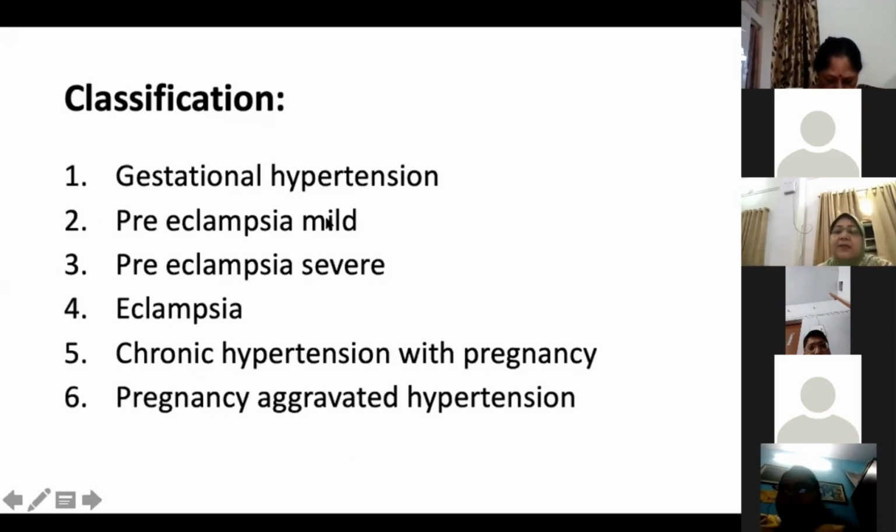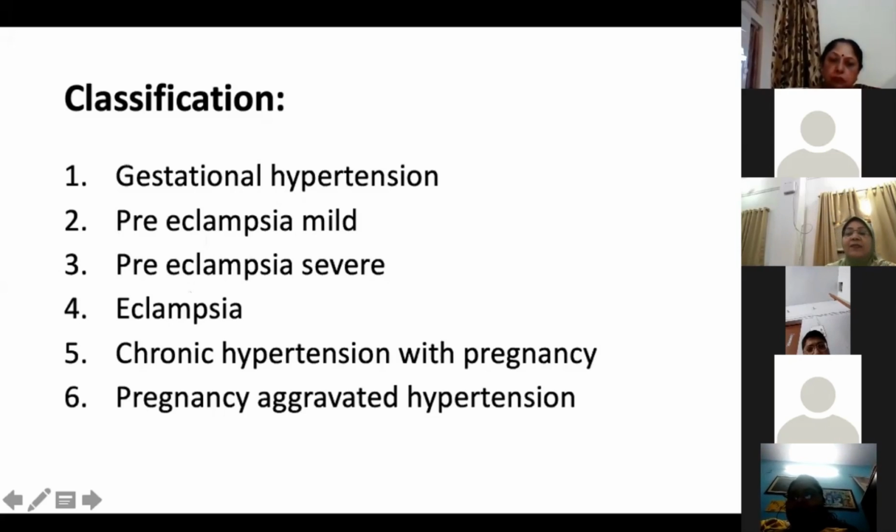When it is preeclampsia, it can be of mild or severe type, depending upon certain criteria based on signs, symptoms, and investigations. Then it can be eclampsia when the woman has either convulsions or coma or both. Chronic hypertension is when a woman who is already hypertensive becomes pregnant.